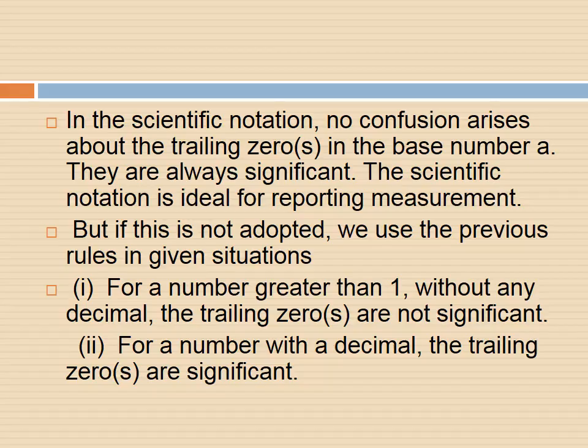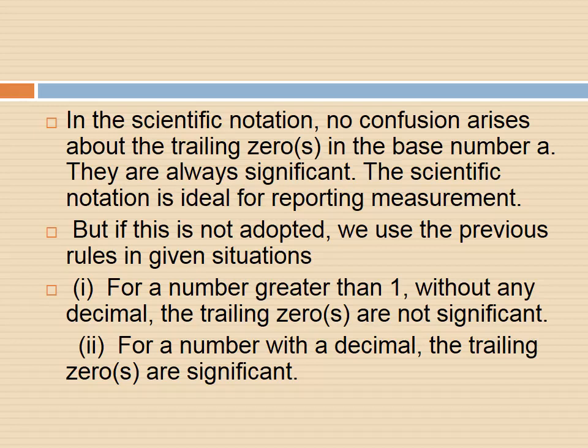In the scientific notation, no confusion arises about the trailing zero or zeros in the base number a, because they are always significant. Thus, it can be said that scientific notation is ideal for reporting measurements.